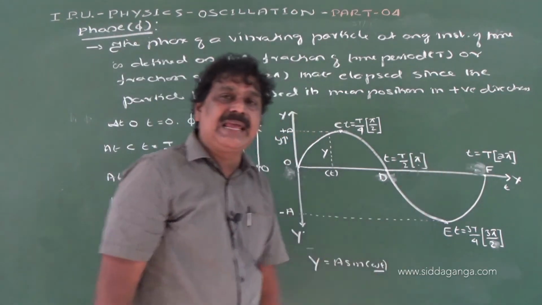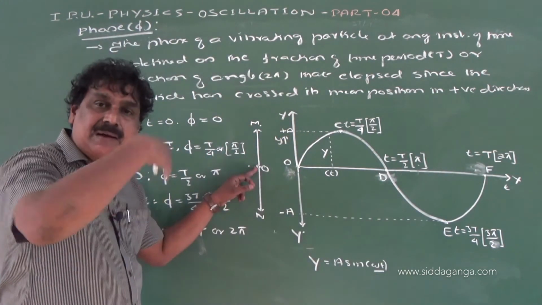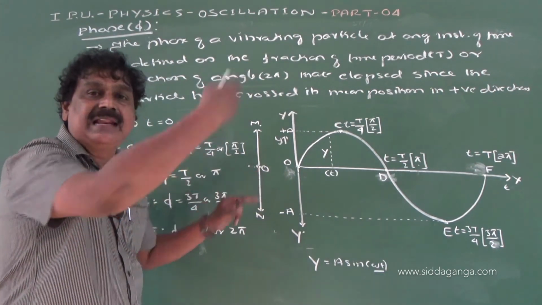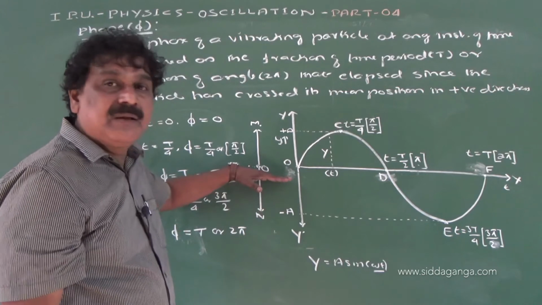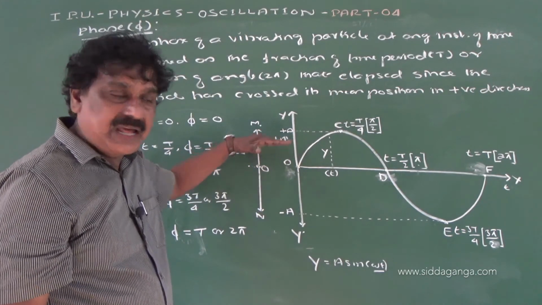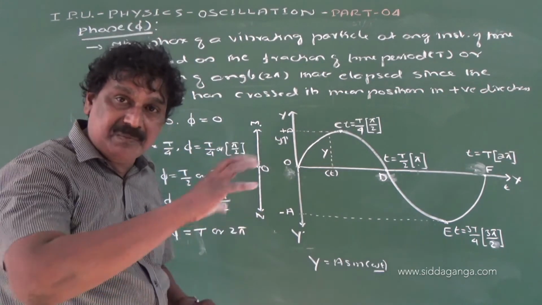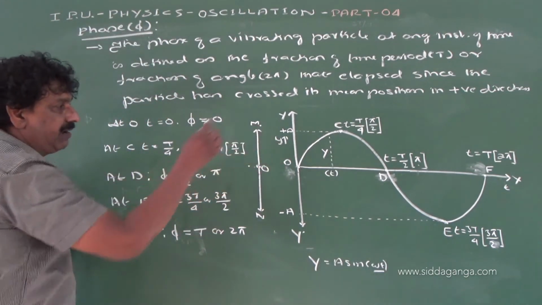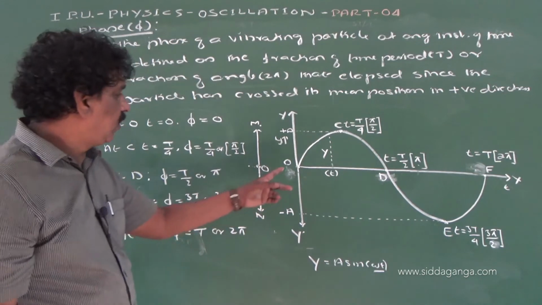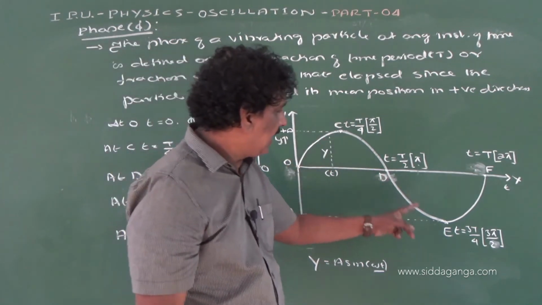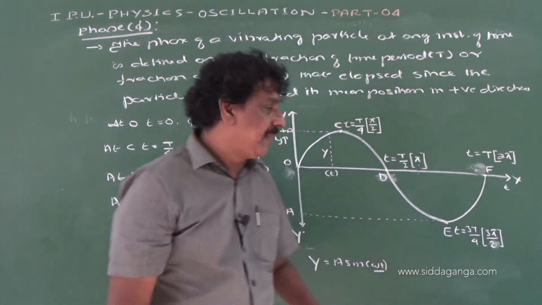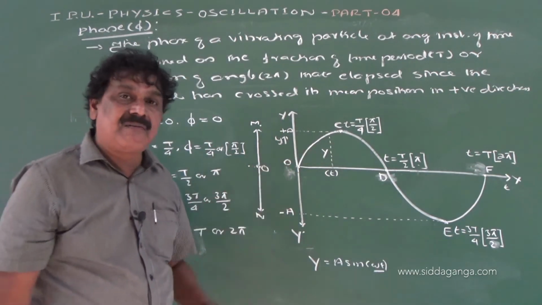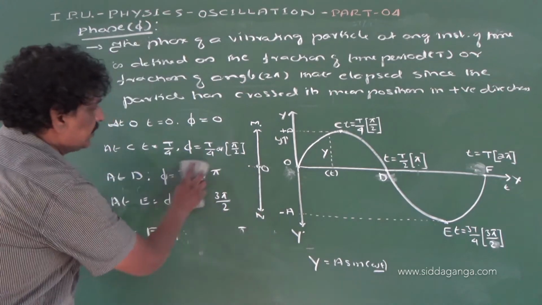Now when the particle is at F, it has completed one oscillation, and then starts to move in positive direction away from the mean position. Is that clear? And now we have the phase at O, C, D, E, F. Now, how to obtain this phase? This is the definition.